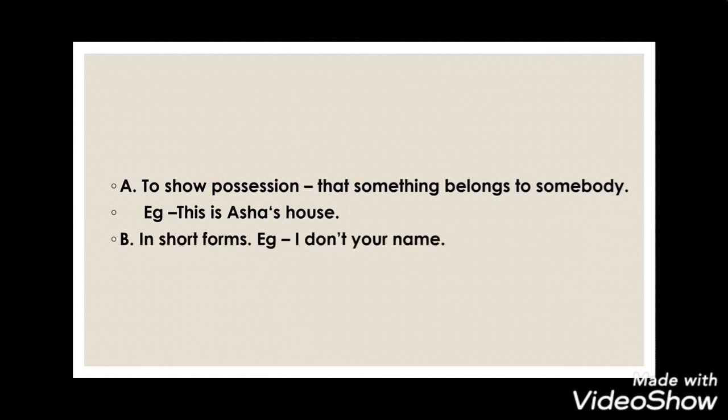Next one, in short form. Say for example, I don't know your name. Here there is a typing mistake, I forgot to write the "know" in between. So here with the short form of "don't," meaning do not, we have made it shorter by putting an apostrophe after n, and we made it "don't."